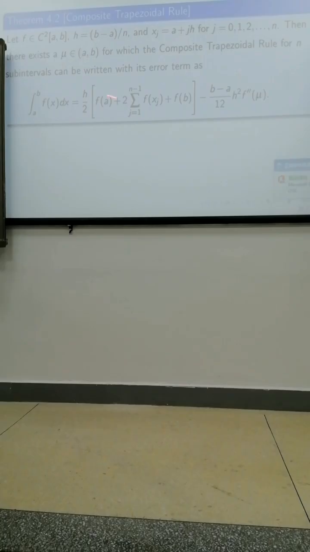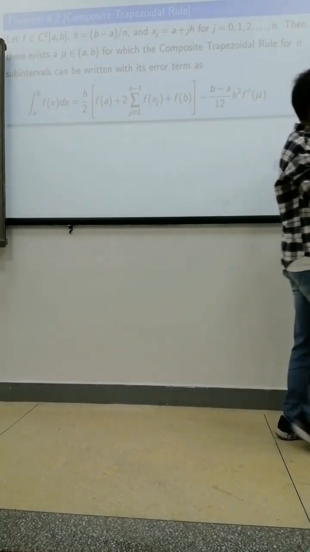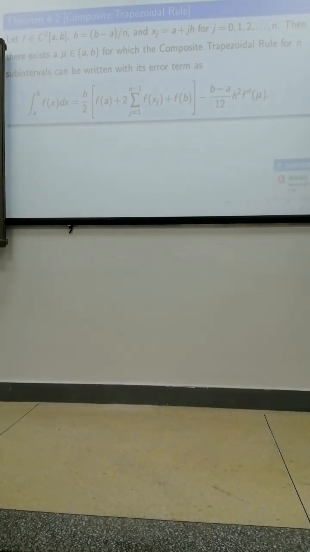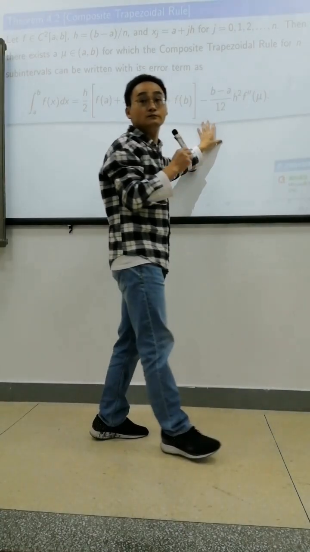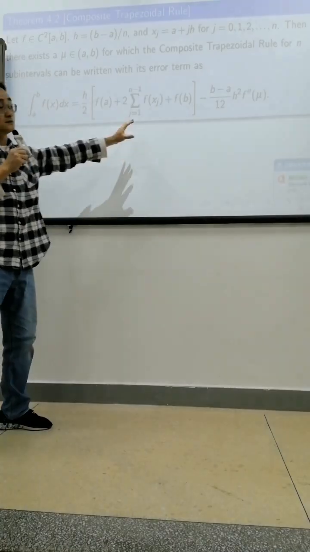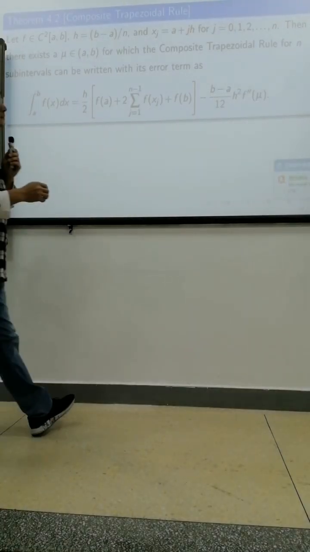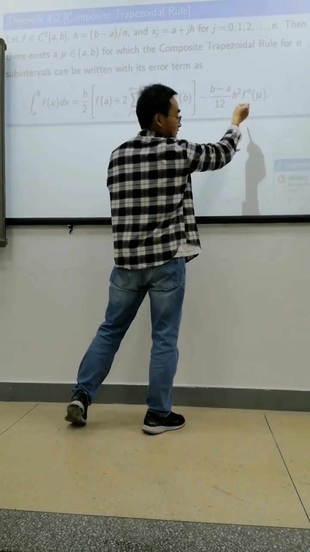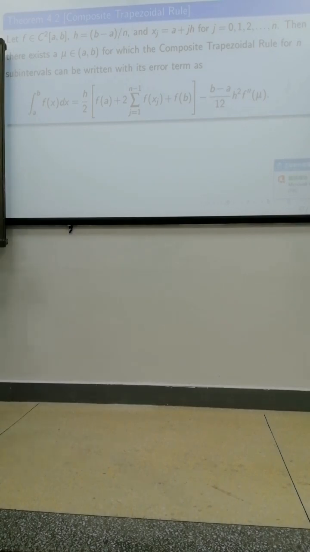Here is just a theorem directly given to you, but to prove this, we have this block and this block, and we can get this result, right? Here it is h squared, not cubic, and it is the same here.